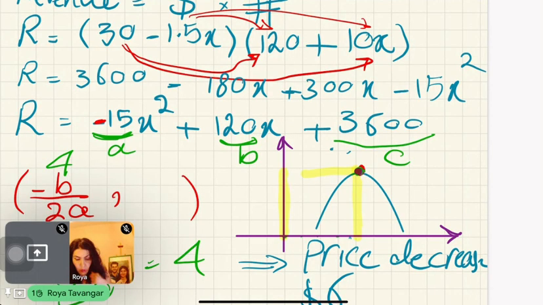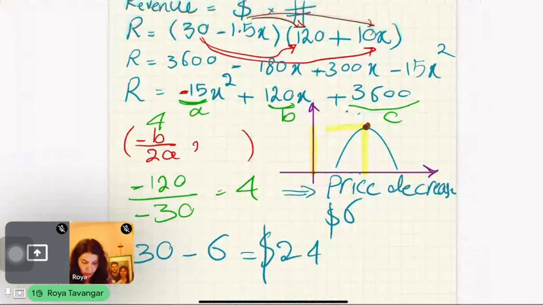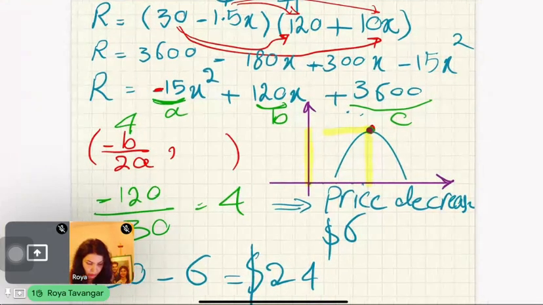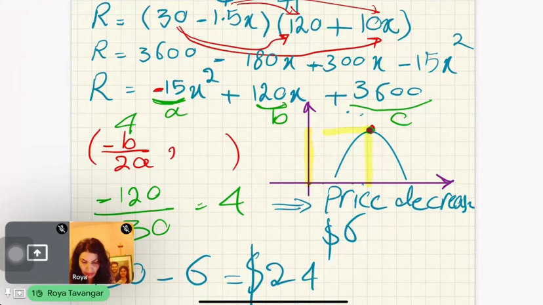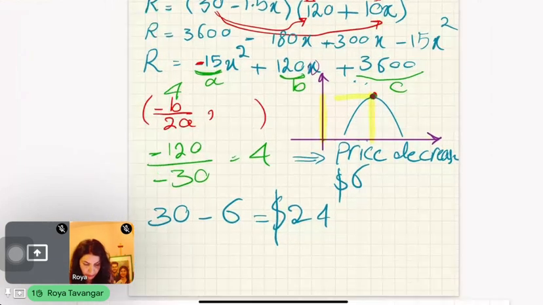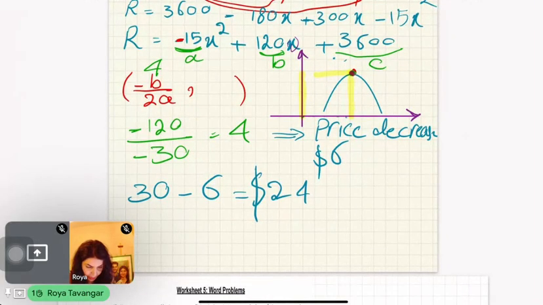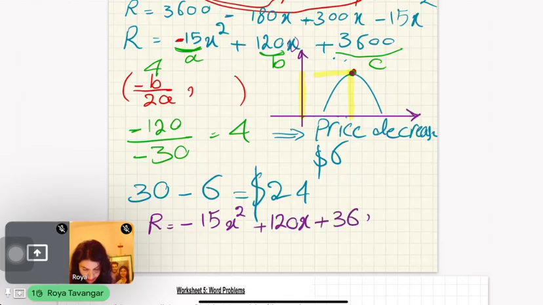So we just need to put the number 4 in, substitute it instead of x here. So write down the formula. I'm going to rewrite it: R equals negative 15x squared plus 120x plus 3,600, and plug 4 in here.